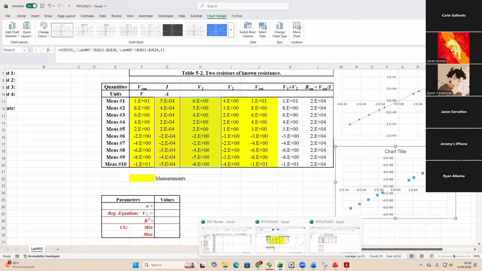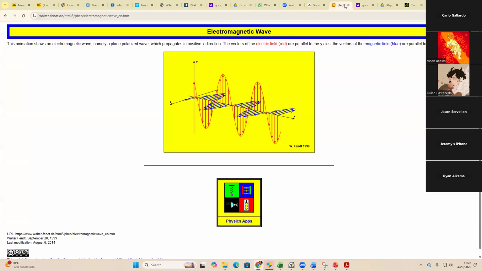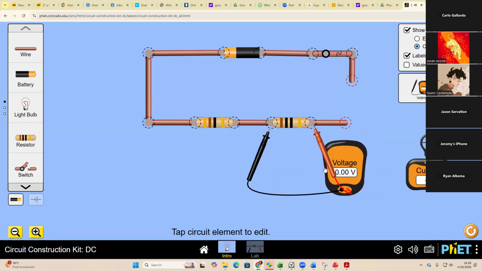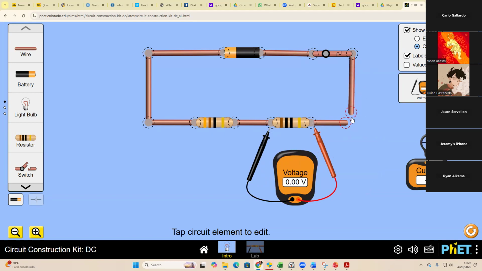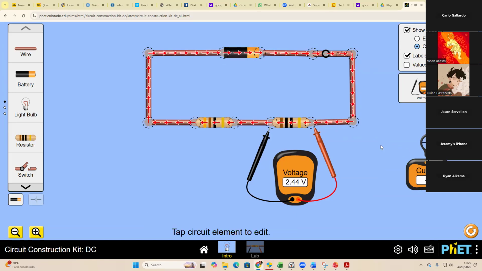Okay, remember when we are collecting our data, right? The voltmeter was in parallel with R1.